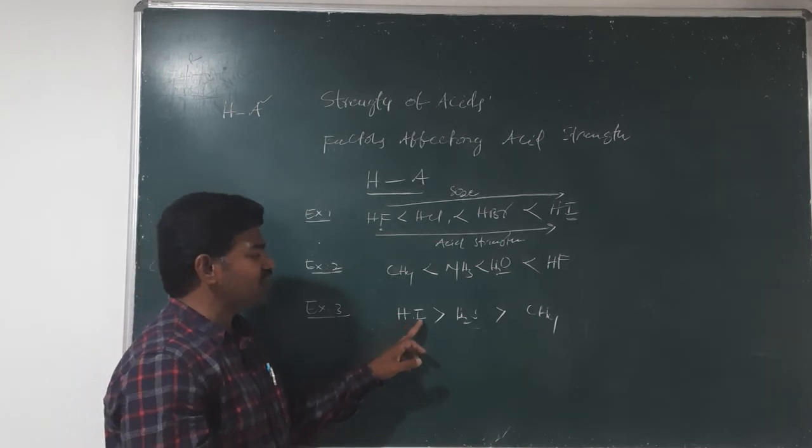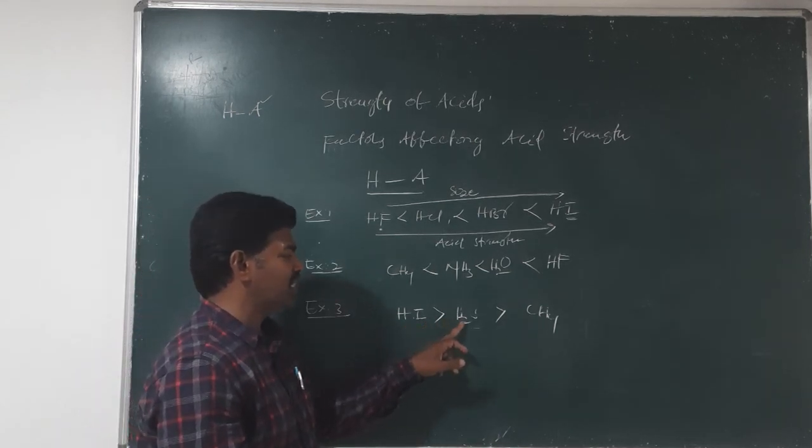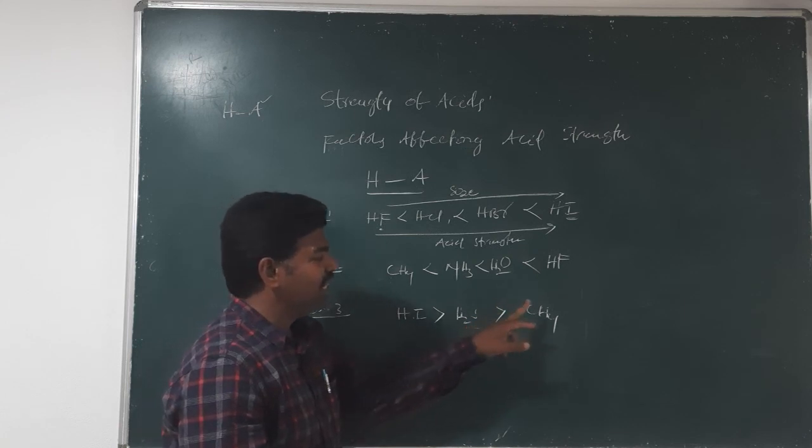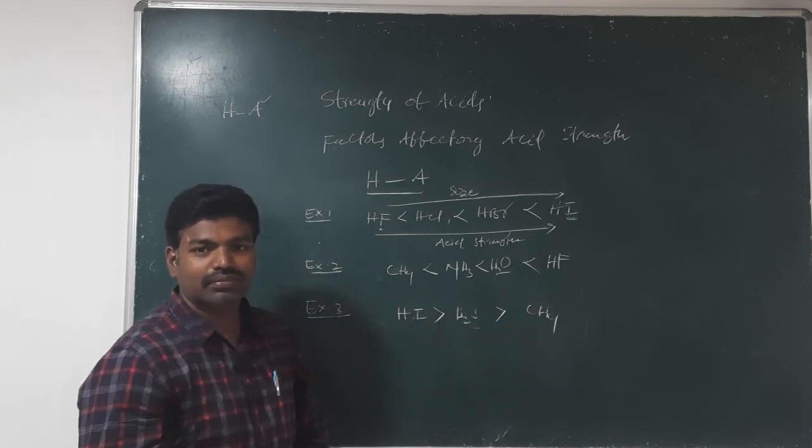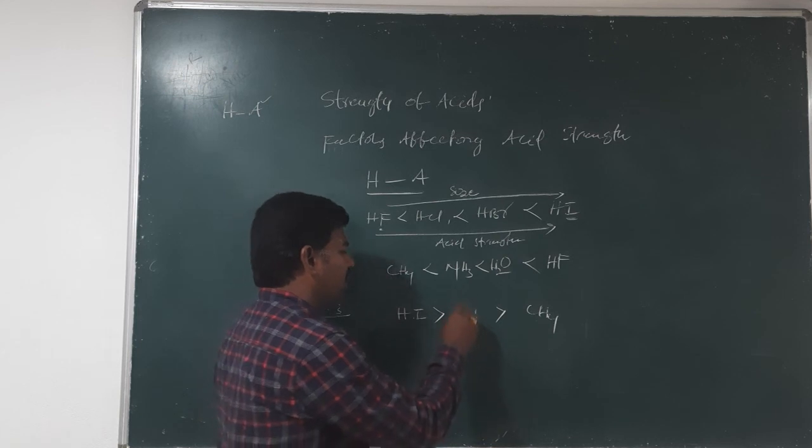So HI is a stronger acid than H2S, and H2S is a stronger acid than CH4. Right?